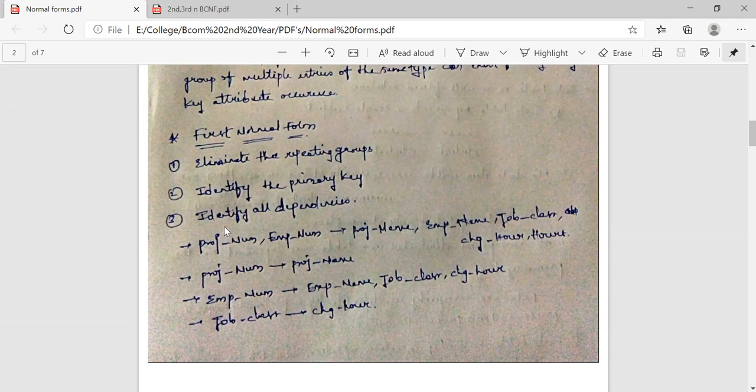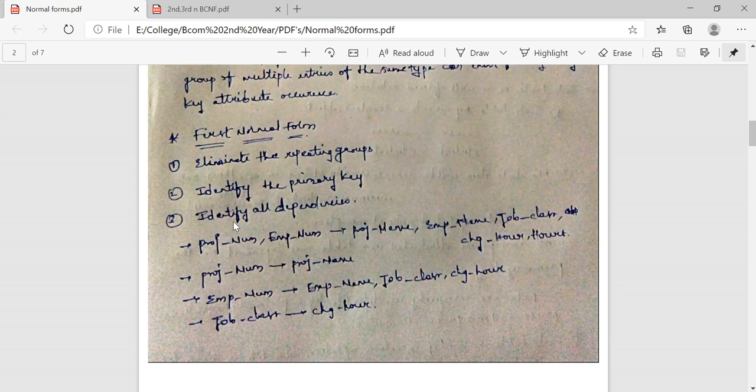And next, identify all dependencies. We have already discussed what a dependency is. A dependency is nothing but an attribute getting identified with the help of another attribute. Here it is identified with the help of the key, that is, fully functionally dependent. The attribute is getting identified by the key.